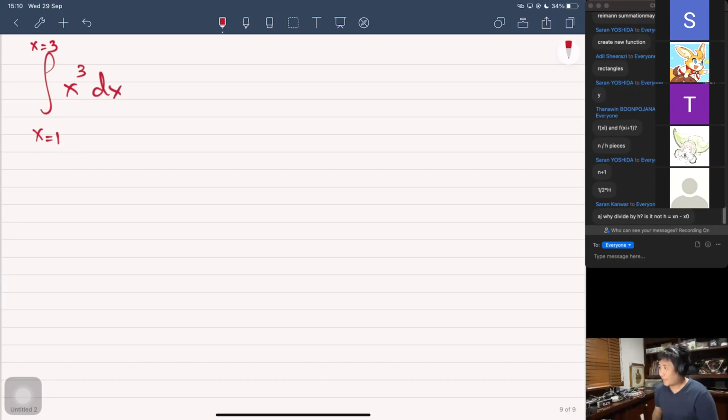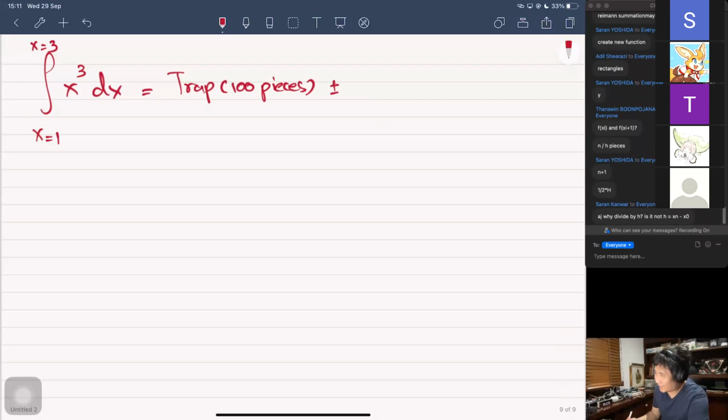If I use trapezoid with 100 pieces, I want to know what is the bound on error, the bound on uncertainty, plus or minus what?